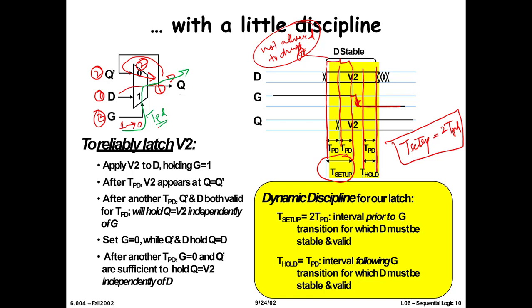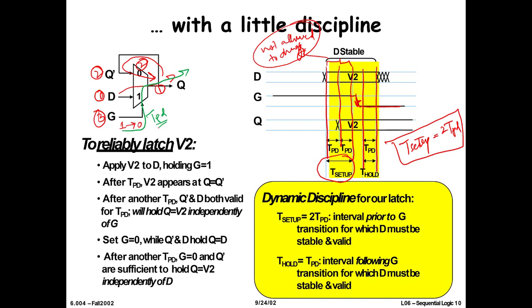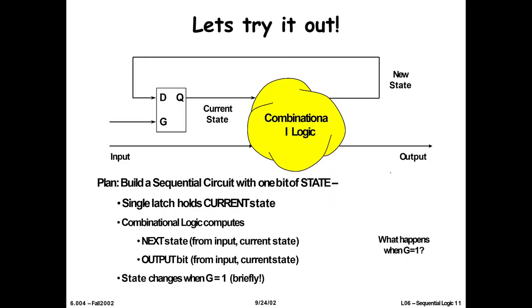G and D should not ever be changed at the same time. But before the clock edge, D can be changed before 2 TPD or T setup time, and after the clock edge, it can be changed when the whole time has passed. So this is called the dynamic discipline or the timing discipline, and this is very, very important. So T setup is 2 TPD, and T hold is 1 TPD.